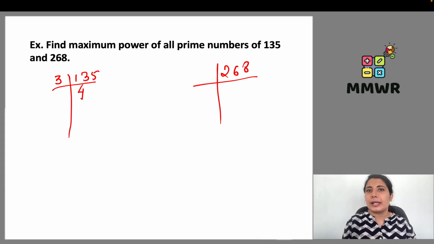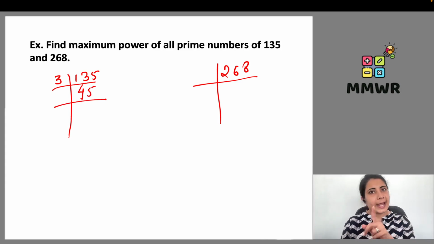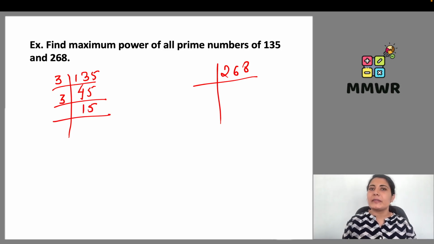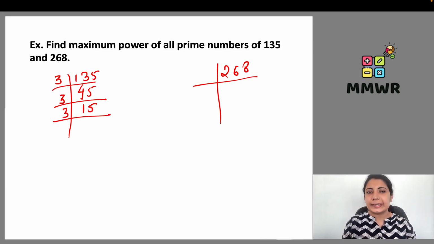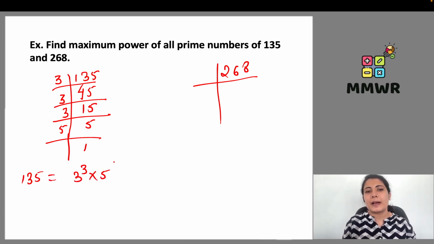So 3 4s are 12 and 3 5s are 15. 13 minus 12 gives us 1 and 5 makes it 15. So 3 5s are 15. Again by 3 it is possible to divide 15, right? 3 ones are 3, remainder 1, and 5 comes down, which makes it 15. Again by 3, yes. Then by 5, one time only. So 135 can be expressed as 3 to the power 3 multiplied by 5 to the power 1.